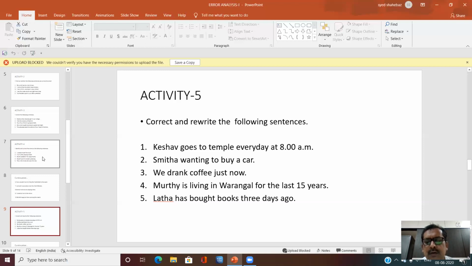When the time the work was completed is mentioned in the sentence, we have to use the simple past tense, not the present perfect. Lata bought books 3 days ago. That is the correct sentence.